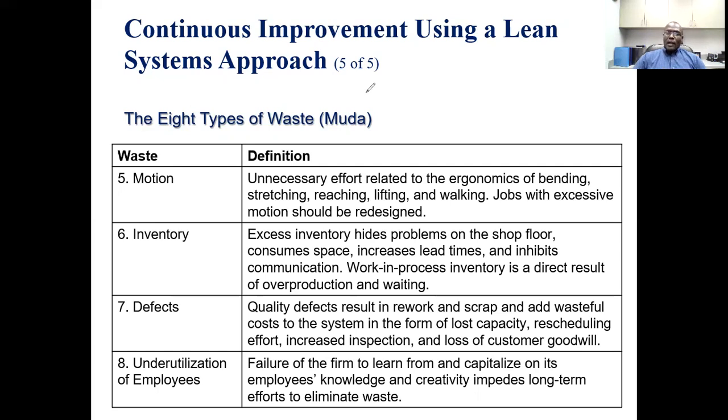The final form of waste has to do with the employees. Having employees on the shop floor or in an assembly line who are not fully engaged over the course of the productive workday results in a form of waste which we term underutilization.